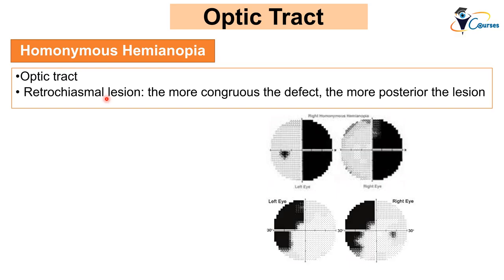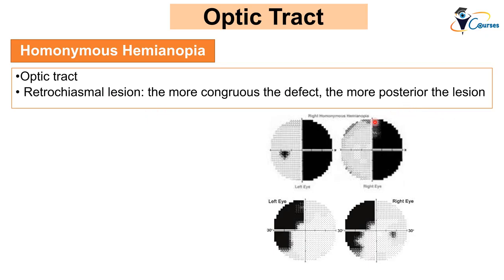It may be more anterior, immediately posterior to the chiasm, or more posterior, closer to the lateral geniculate body or beyond. If the lesion is more anterior, it is more incongruous. If the lesion is more posterior, it is more congruous.